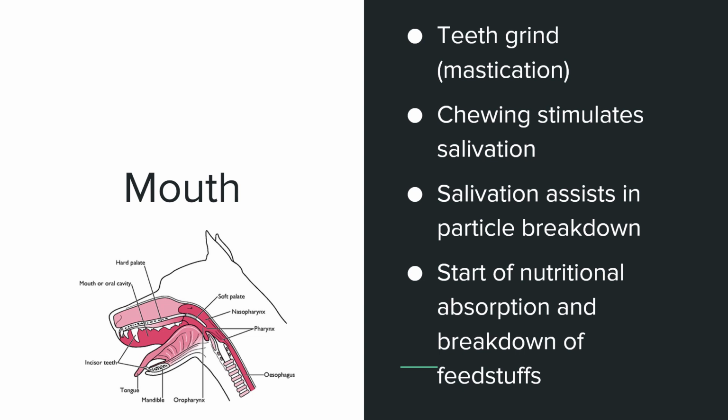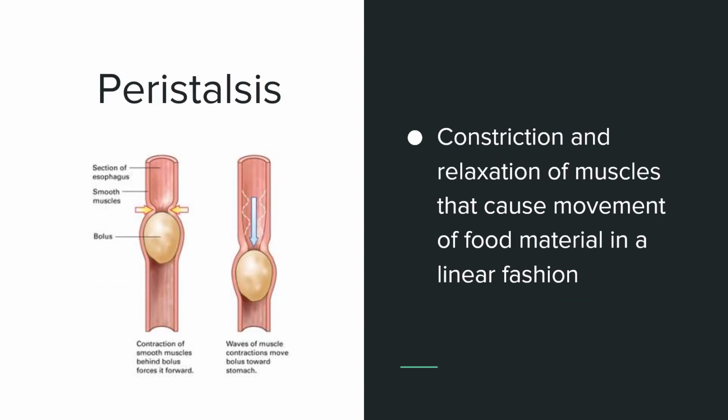So when you're chewing, your tongue is acting to mold your food into a ball-like structure, and that then is going to make sure that it smoothly goes down your esophagus. So if you ever try to just swallow something without chewing it, it's really difficult and it doesn't always go down right. And our reflex is to chew it, and part of that is to get it into that bolus piece.